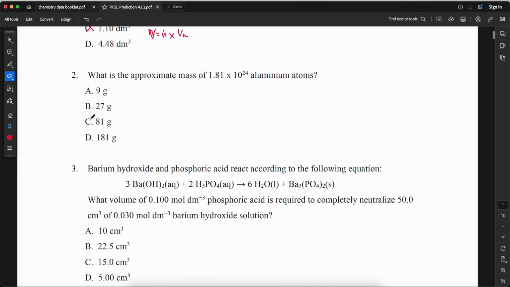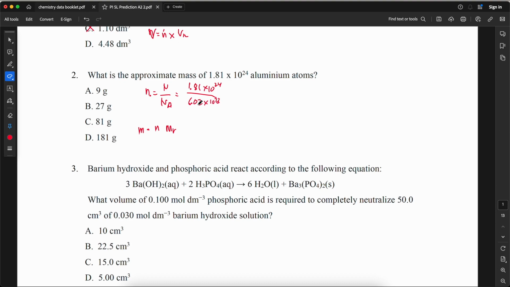What is the approximate mass of 1.81 times 10 to the power 24 aluminum atoms? So to find mass first, we need n times Mr, and we don't have n, so to find n we can do number of atoms divided by Avogadro's number: 1.81 times 10 to the power 24 divided by 6.02 times 10 to the power 23.